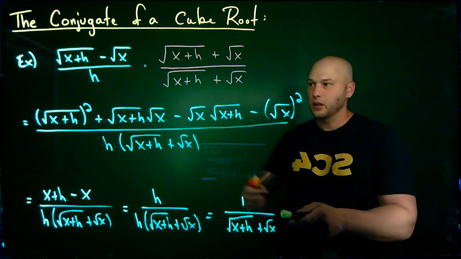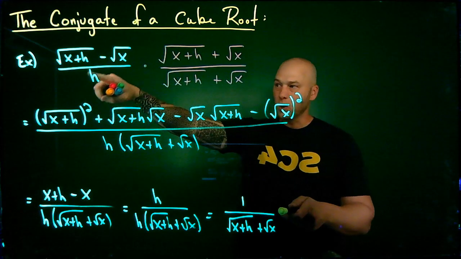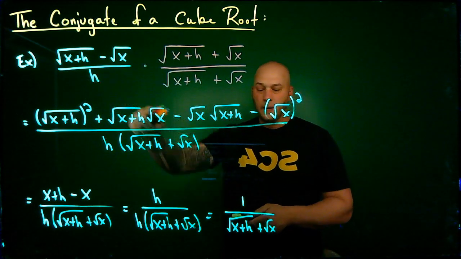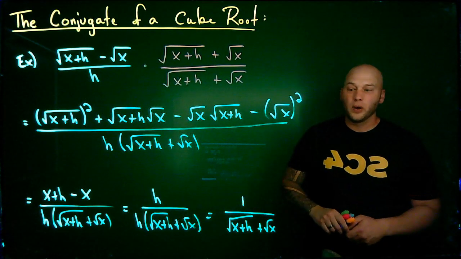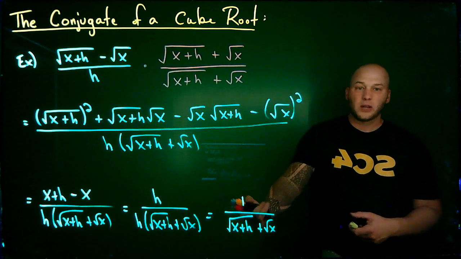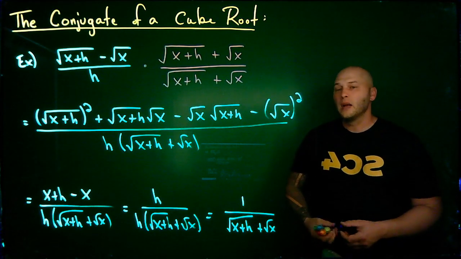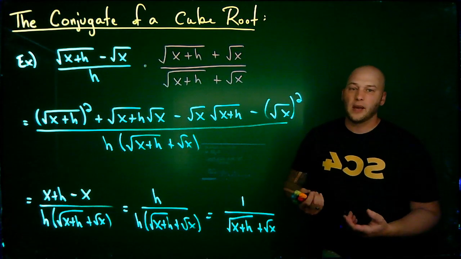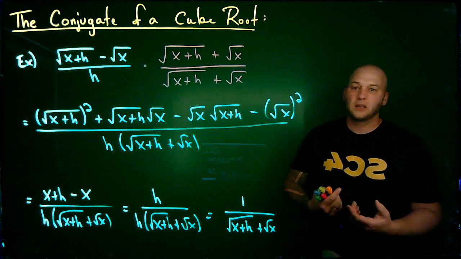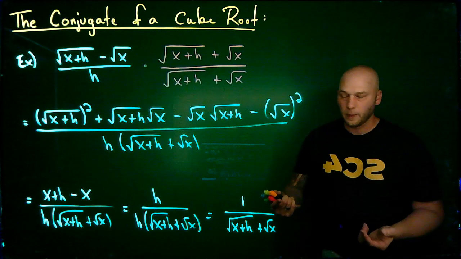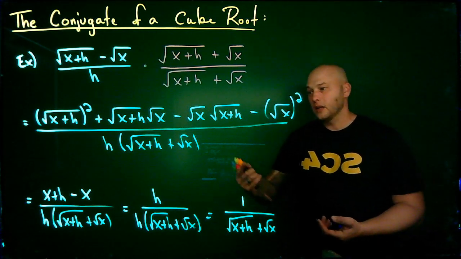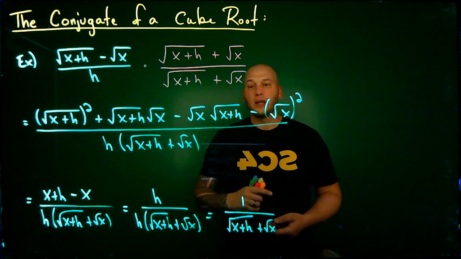Now this expression on the bottom that I ended with is equivalent to the expression on the top. And again, in your calc course, you're going to do something with this, especially since the goal here is to compute the derivative of the square root function. But the main idea is I had to rationalize the numerator, meaning I had to get the radical out of the numerator. Okay? And the way we do that is by multiplying by what's called the conjugate.